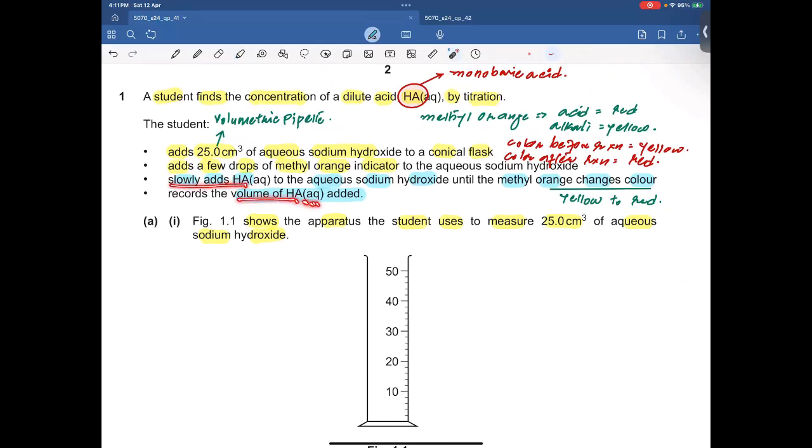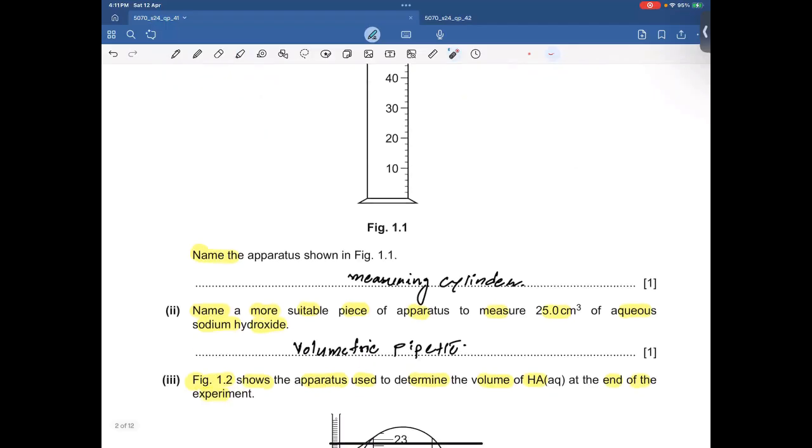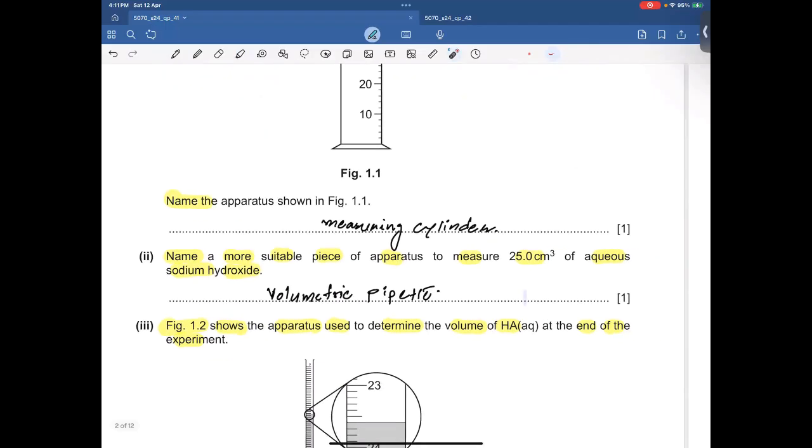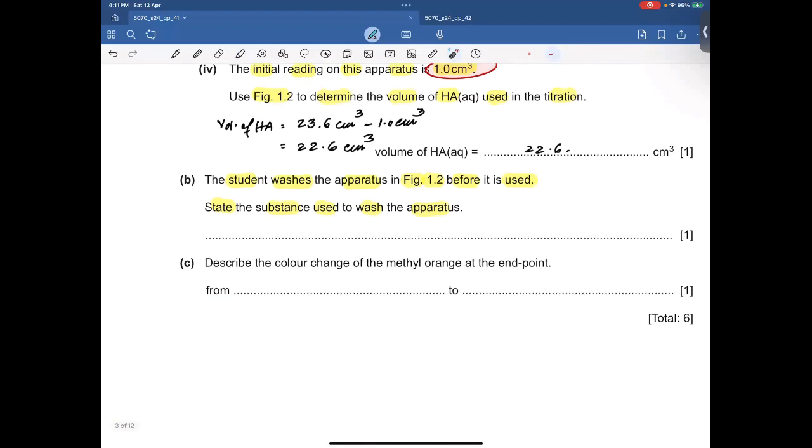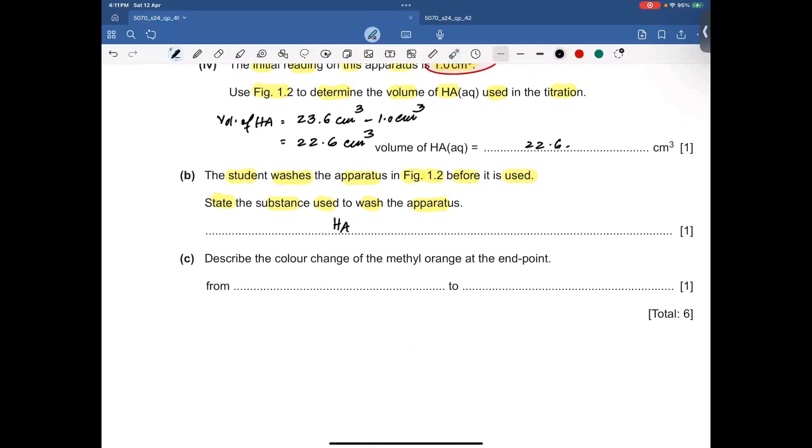So obviously, the burette needs to be rinsed with HA. Next, describe the color change of the methyl orange at the end point: yellow to red. That's the end of question number 1.